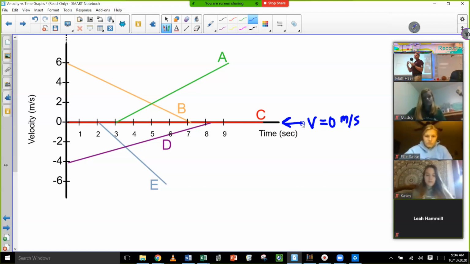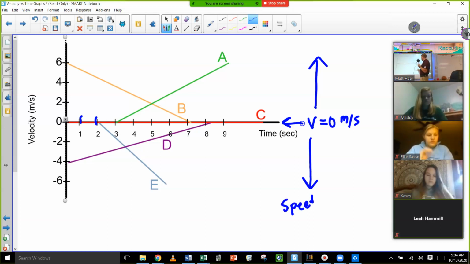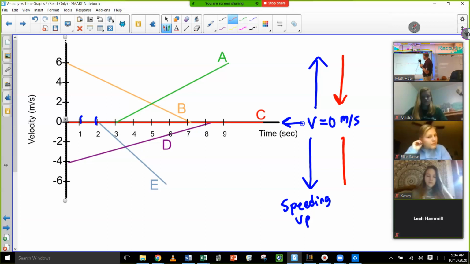And as time goes by, time equals 1 second, 2 seconds, and I have a vertical line here, 3 seconds, 4, 5, 6 seconds. As time ticks by, if the graph is getting farther away from this line, we call this speeding up. As time ticks by and the graph is getting closer to 0, we call that slowing down.